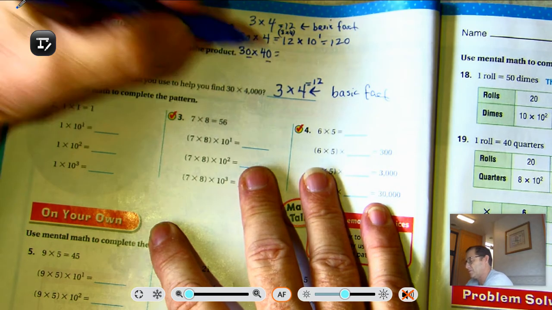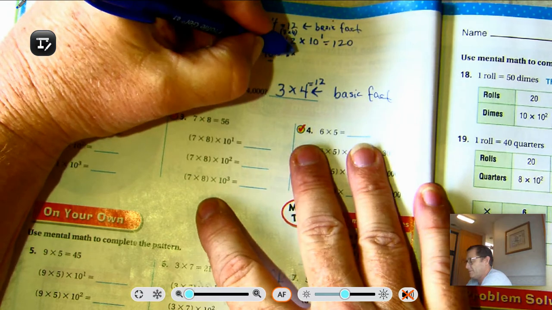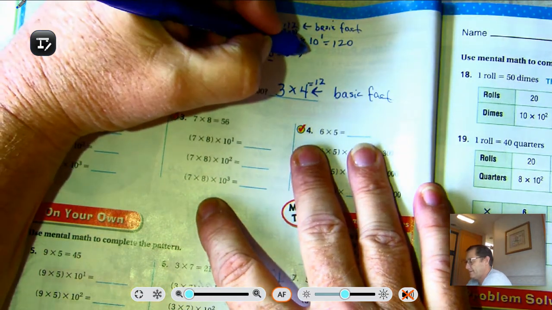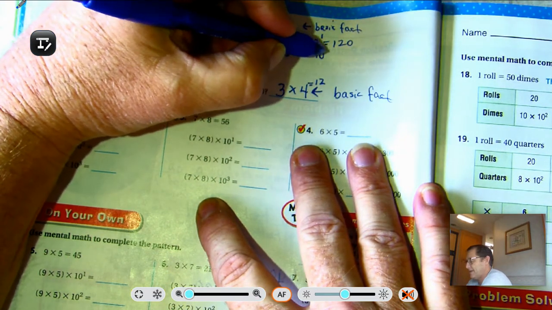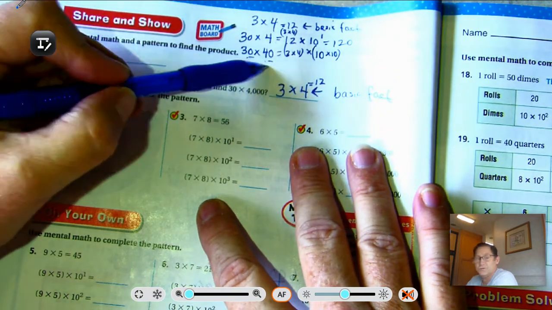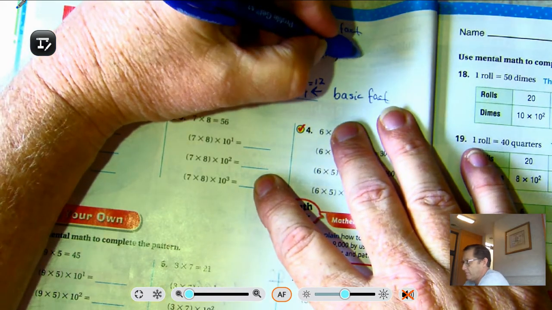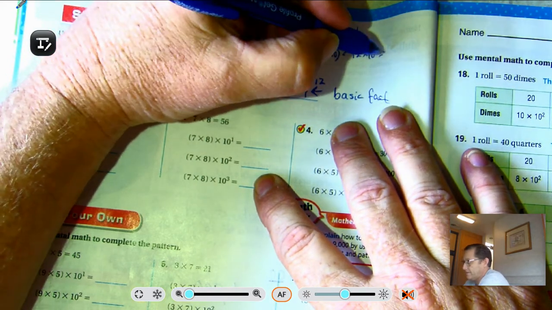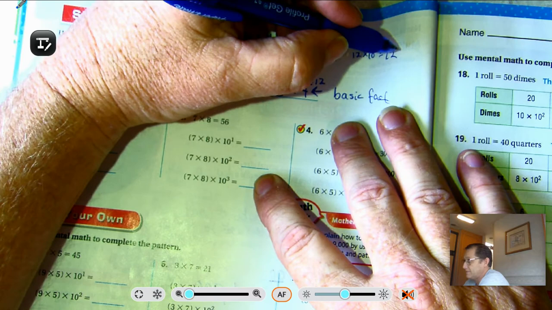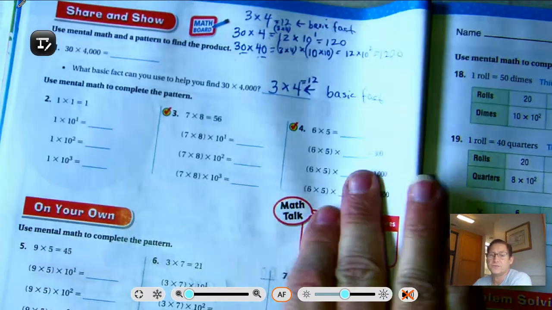If we change it and multiply 30 times 40, we still have 3 times 4, the basic math fact, times 10 times 10, because we have 2 zeros here. So that would be 12 times 10 squared, or 10 to the second power, which would be 12 followed by 2 zeros.